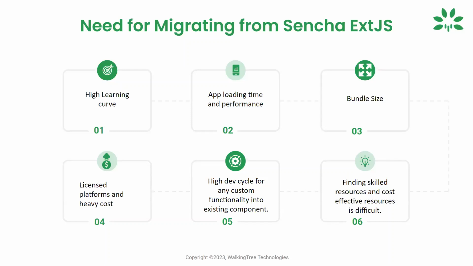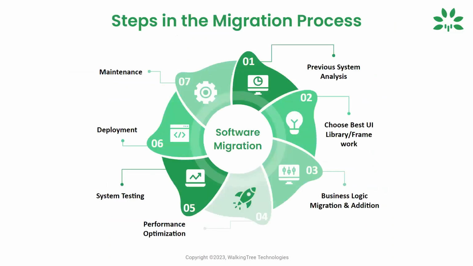Right. Okay, now let's understand what are the steps that should be followed when we are planning to execute this kind of exercise. Basically, the first step is analyzing the previous system, as in the normal process.